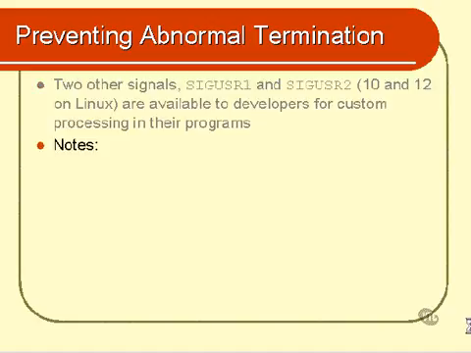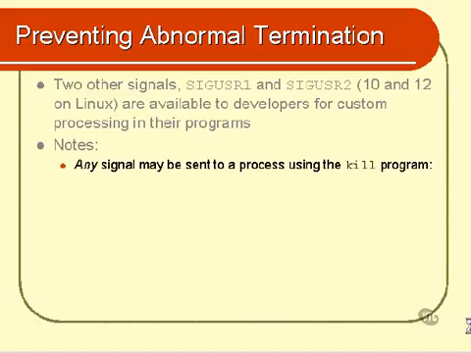Now, just a couple of things to keep in mind. Firstly, it's actually possible to send any signal to a process using the kill program. For example, I could send signal 10 to process 12345 just by doing a kill -10. So you can actually simulate various sorts of system events. For example, you could simulate your terminal being disconnected by sending a kill -1 to the particular process that you were involved with.